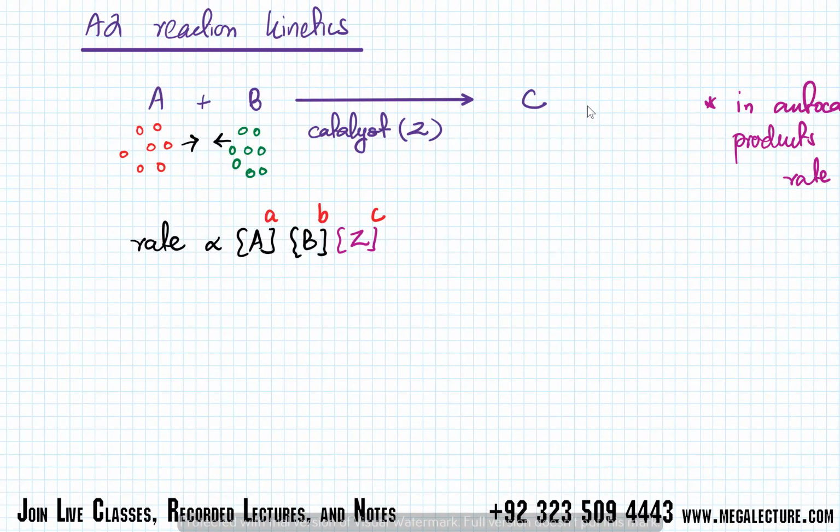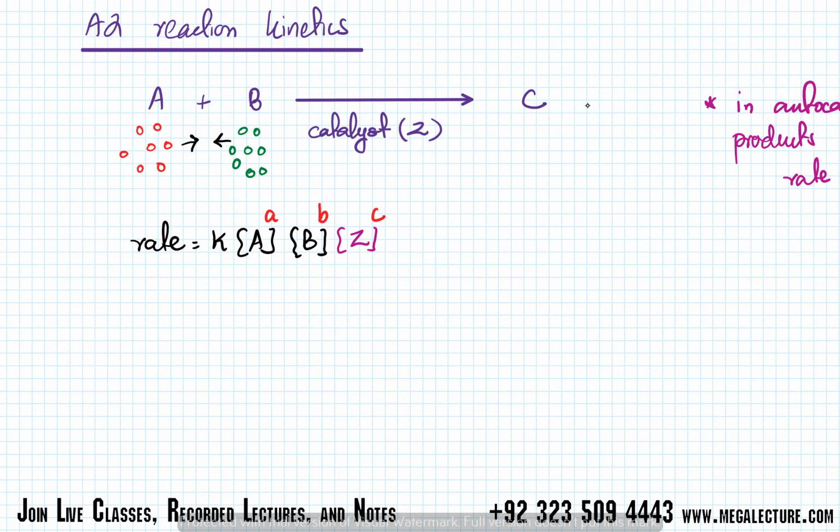So I've written small a, small b and small c on top of it. That's exponent, ठीक है. And if I want to get rid of the proportionality sign, क्या करते हैं, you just introduce a constant. So I'll just add a constant k.